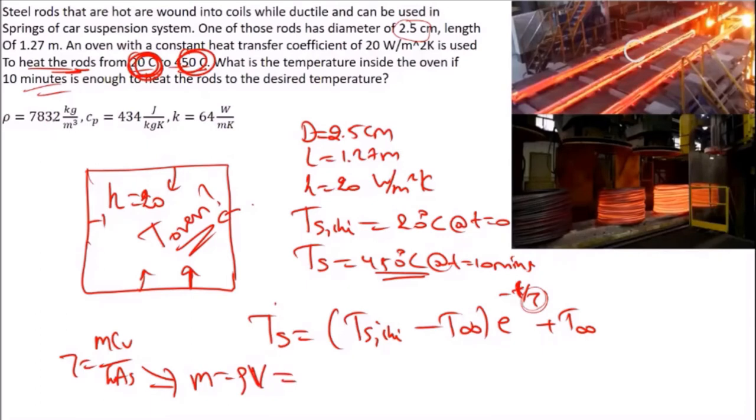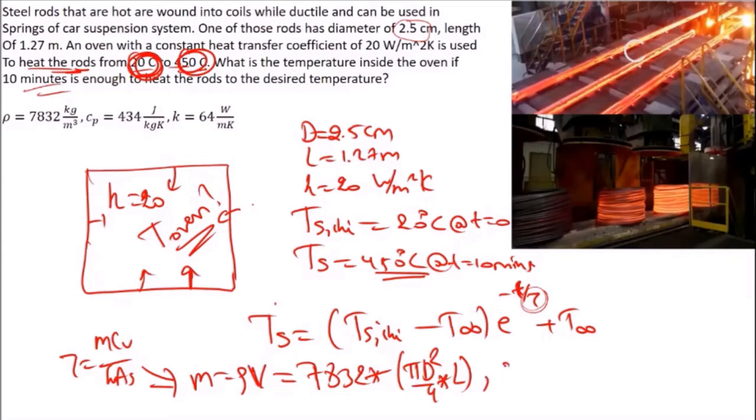Rho is given as 7832. Into the volume. What is the volume of the cylinder? The volume of the cylinder is the cross-sectional area, pi D squared by 4, into the length L. And then you will get the answer, because D is okay, L is okay, and m is okay.